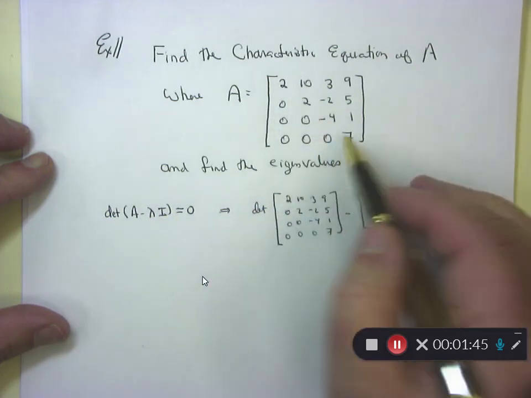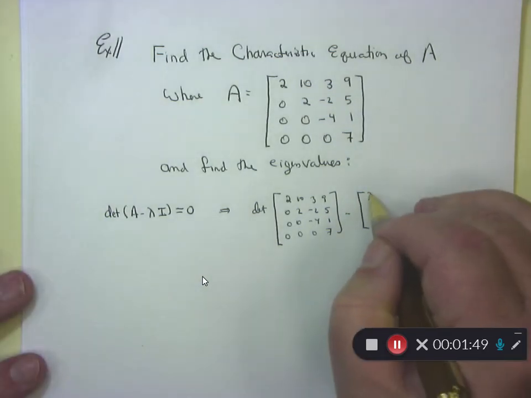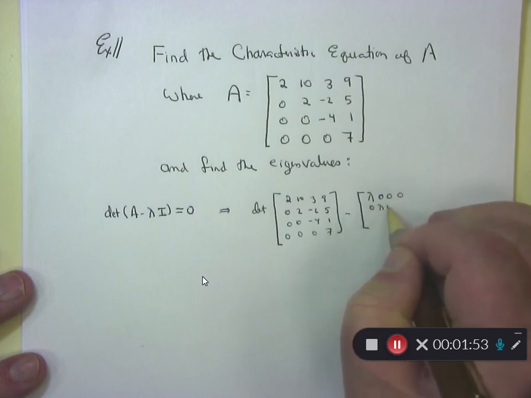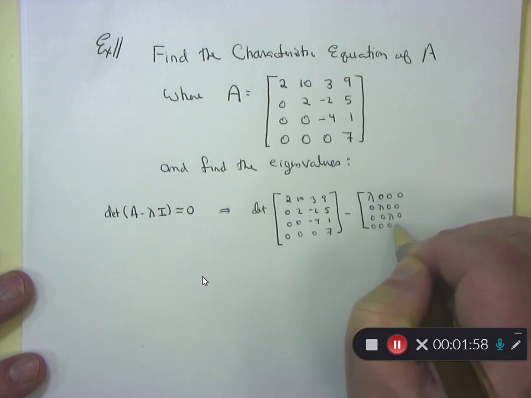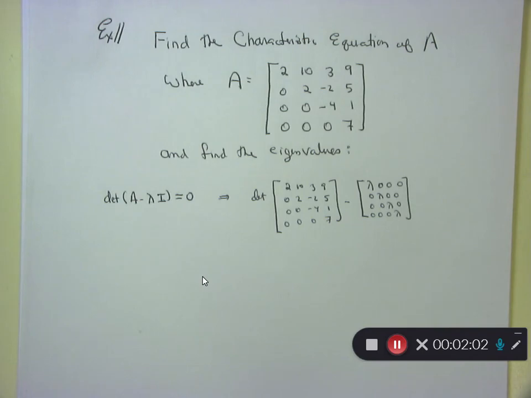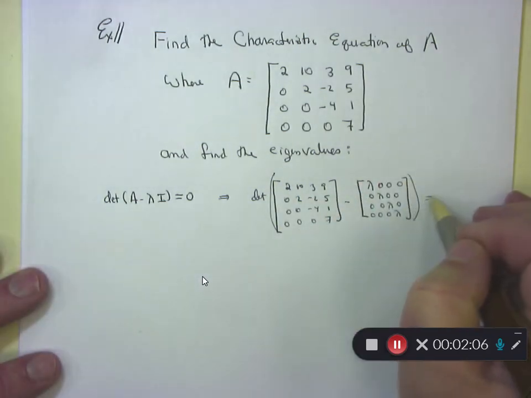Now notice this is square, 4 by 4. So lambda times the identity would be lambda on the diagonals: lambda, 0, 0, 0, 0, lambda, 0, 0, 0, 0, lambda, 0, and 0, 0, 0, lambda. It just puts lambdas on the diagonal when you do lambda times the identity. And we're going to take the determinant of it and set it equal to 0.